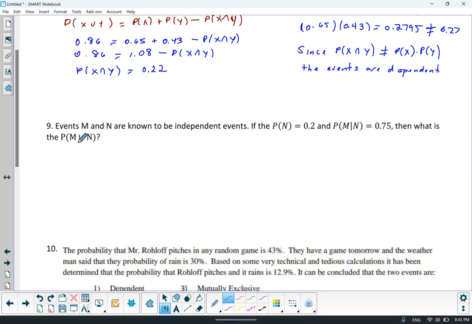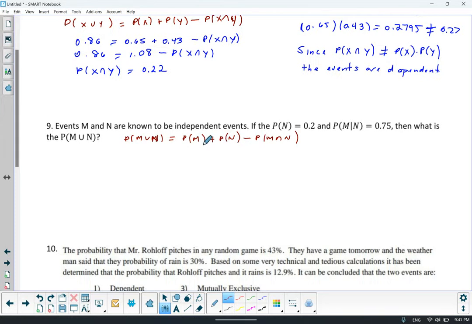And I want to find the probability of M union N. So now we're going to use that general addition rule again. So that's the probability of M plus the probability of N. Oh, this is a hard one. Minus probability of M and N.